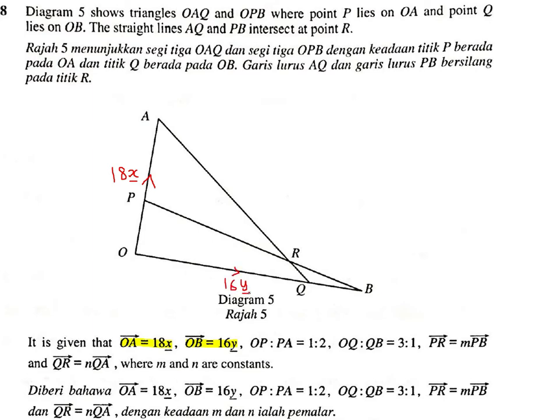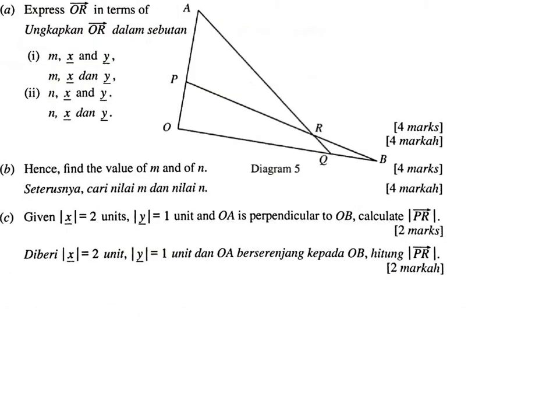OP to PA is given as ratio 1 to 2, and OQ to QB is 3 to 1. They give you again two vectors with the unknown, PR and QR. For sure, the question will ask you to find what is m and what is n later on.